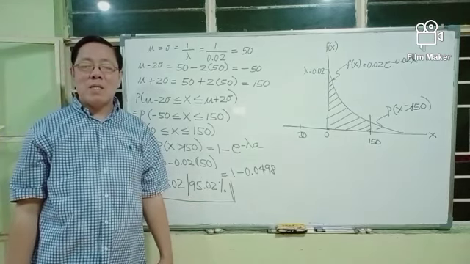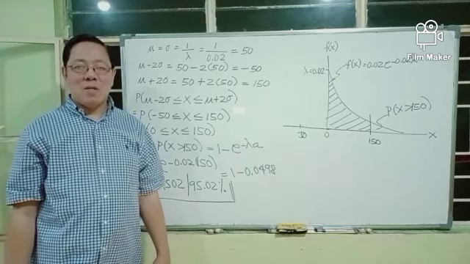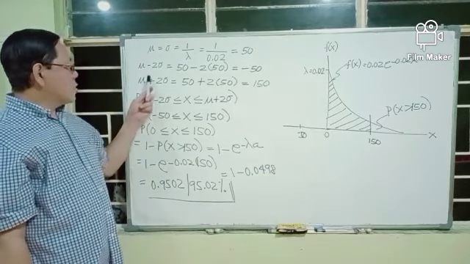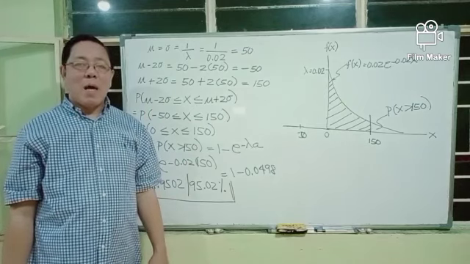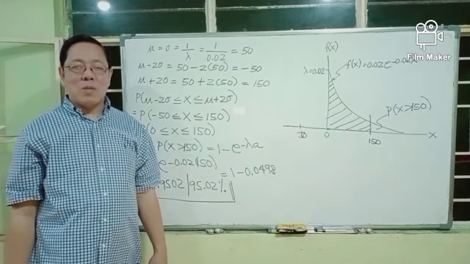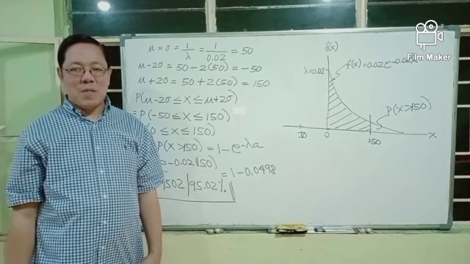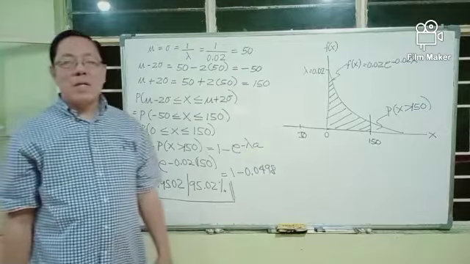This is the probability that the time before the machine requires another service or repair is between mu minus 2 sigma and mu plus 2 sigma, or between negative 50 and 150, which is equal to the probability that x is between 0 and 150: 0.9502 or 95.02%.